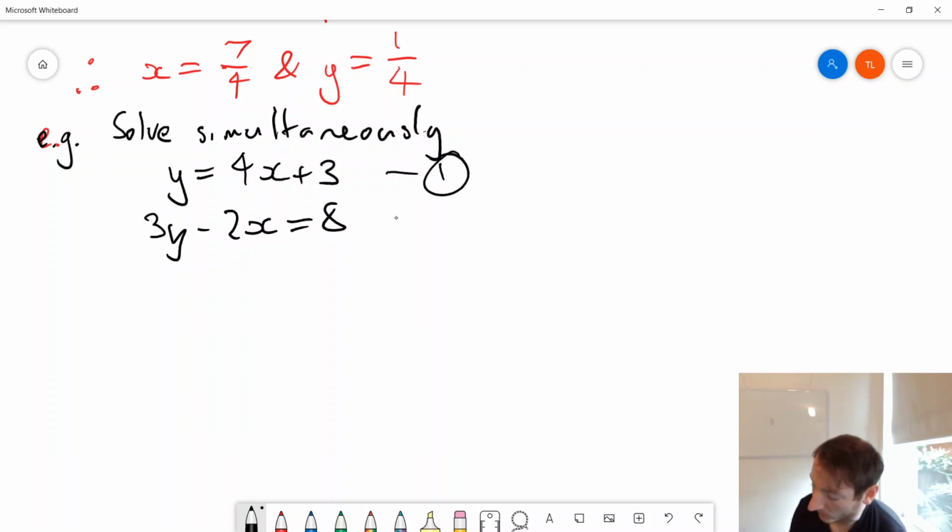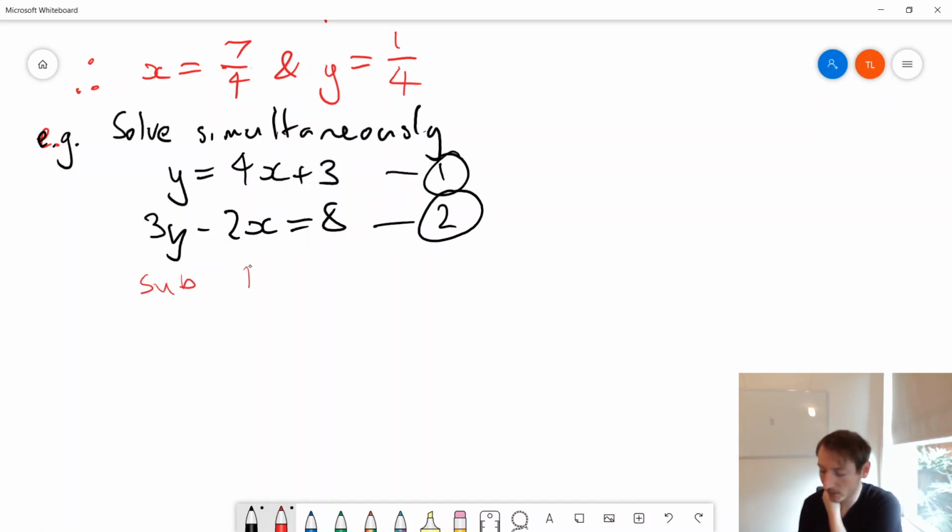Let's call that equation 1, equation 2, and get solving. Now this is the only one I can use at this point because y is by itself, no pronumeral is by itself at this point. So I'm going to have to sub equation 1 into equation 2. No other way to do this one using substitution.